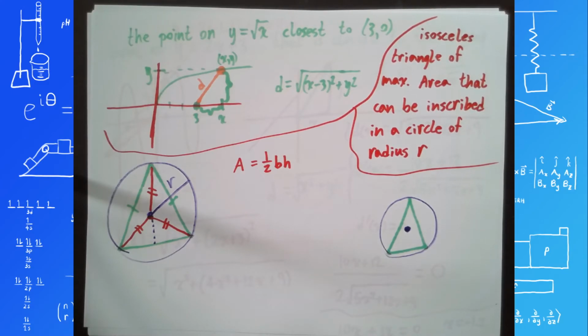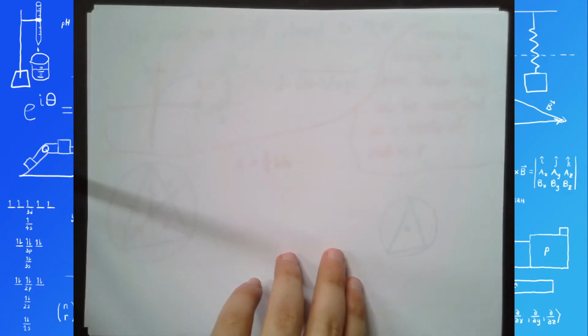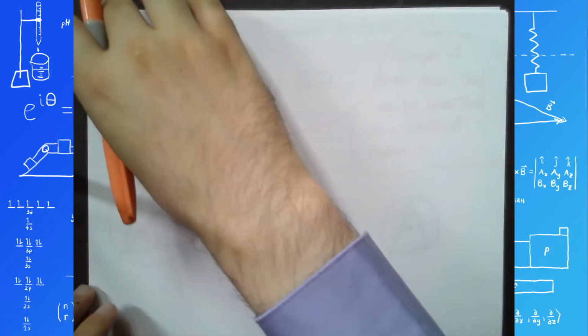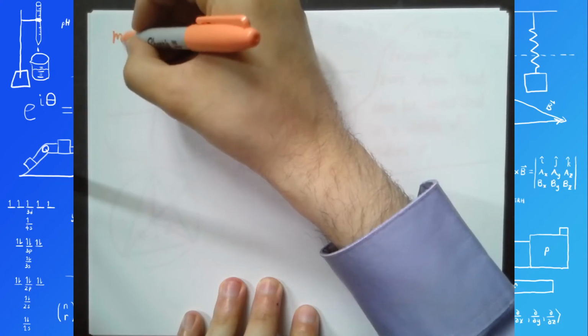Okay, let's try something different. How about a right circular cylinder is inscribed in a sphere of radius r. Find the largest possible volume of such a cylinder. So we've got largest volume, so maximize volume.